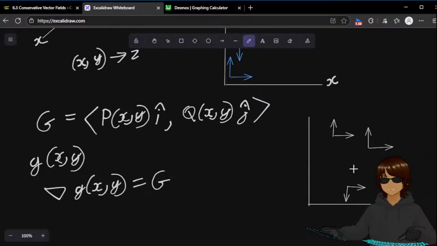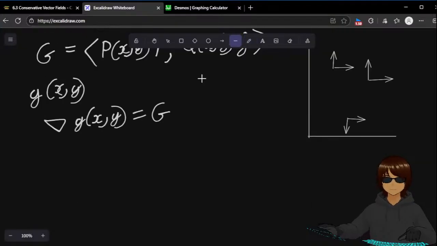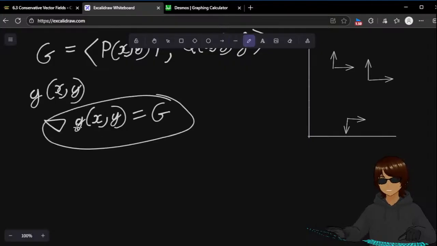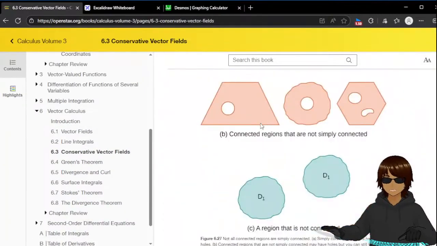They're just vector fields, but they are not the gradient of any surface. And if this is possible, then g is called the potential function of the vector field capital G.